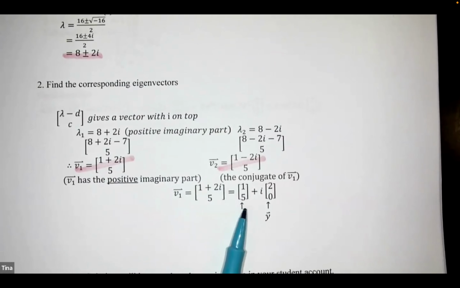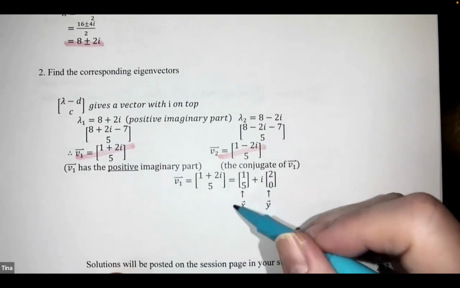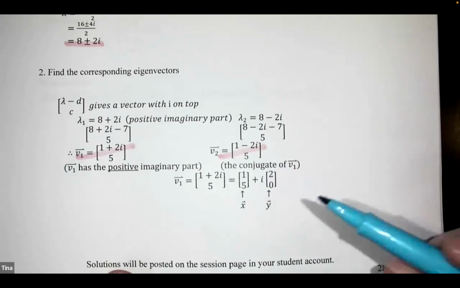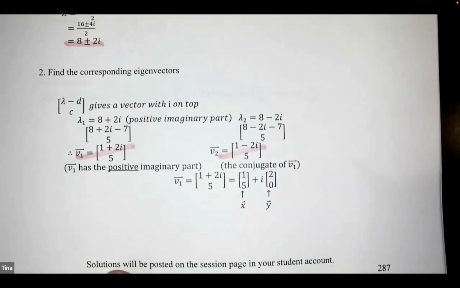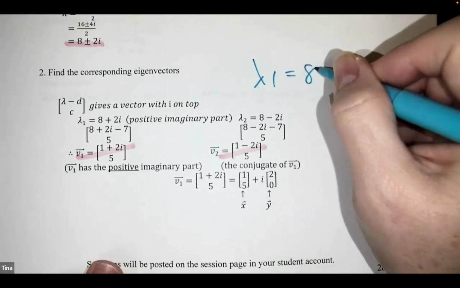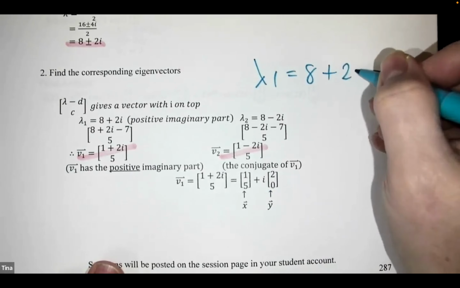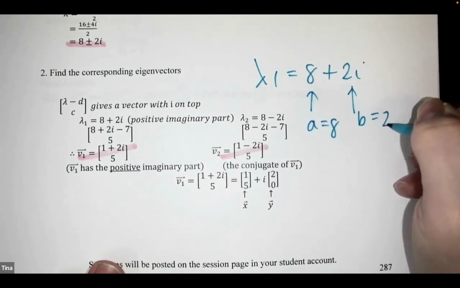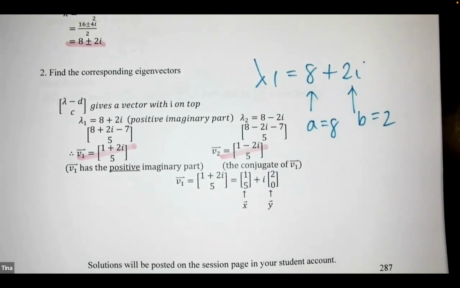So if we write this as something plus something times i, this is the x part, the real part, and there's the y, right? Y is the vector beside the i. And since our lambda is 8 plus 2i, that's a and that's b in our solution.